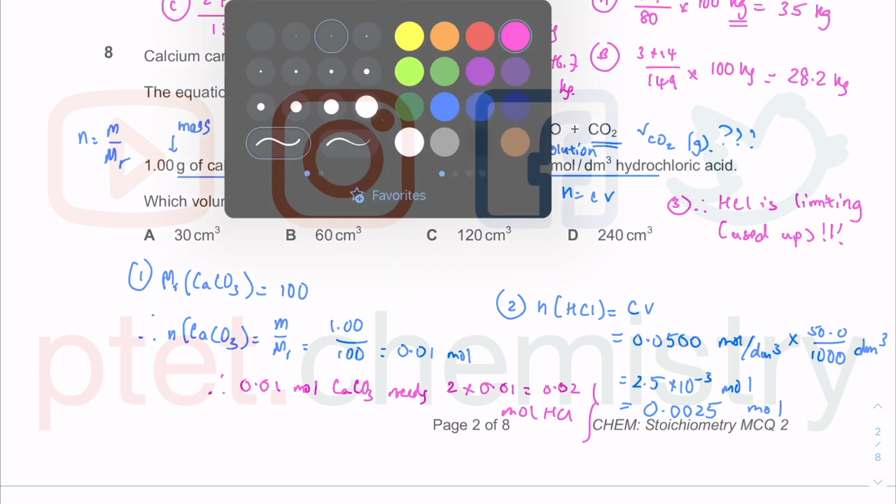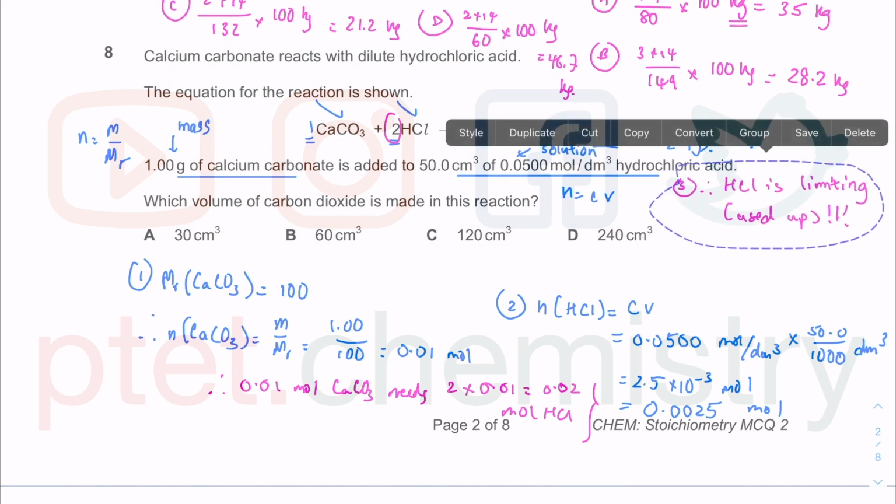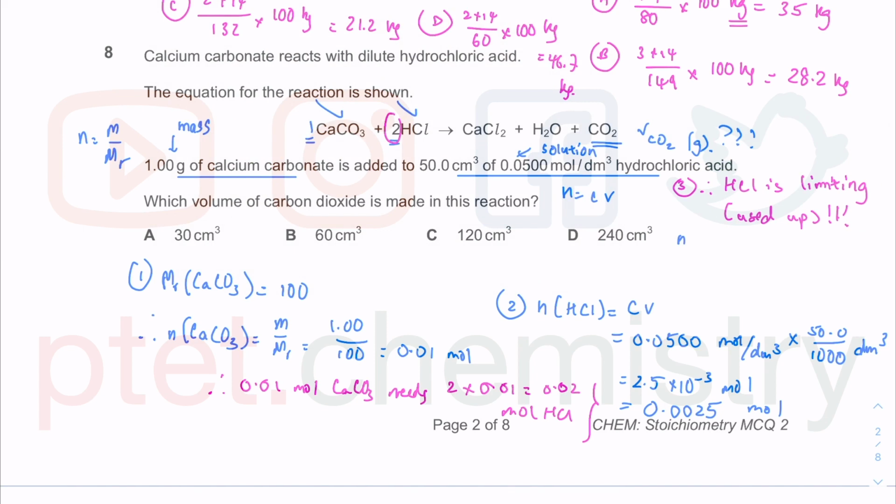In terms of our calculation, let me move it up a little bit, as space is limited. So the mole of CO2 over the mole of HCl is 1/2. It is the volume of CO2 over 24. I shouldn't use 24, I should use 24,000, because the answers are given in cm cube, so I assume the volume is in cm cube.